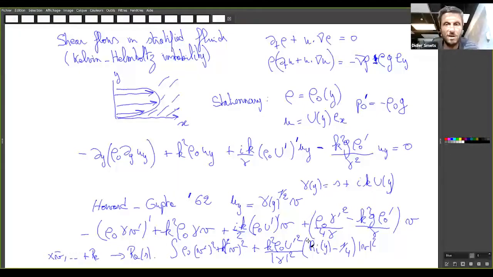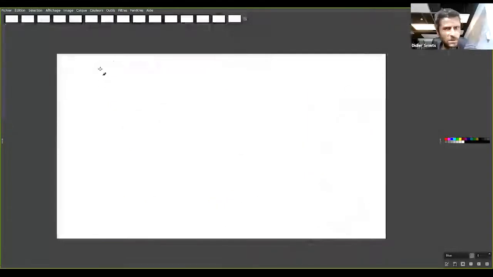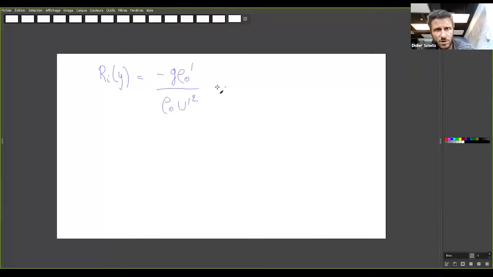Okay, so in particular from this, this Ri of y is minus g rho naught prime divided by rho naught U prime squared. So in physics terms, this is the stratification, the derivative of the density. Okay, I will call it the stratification of the density.